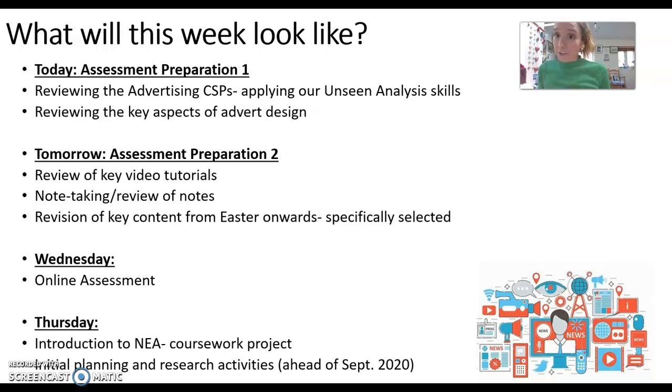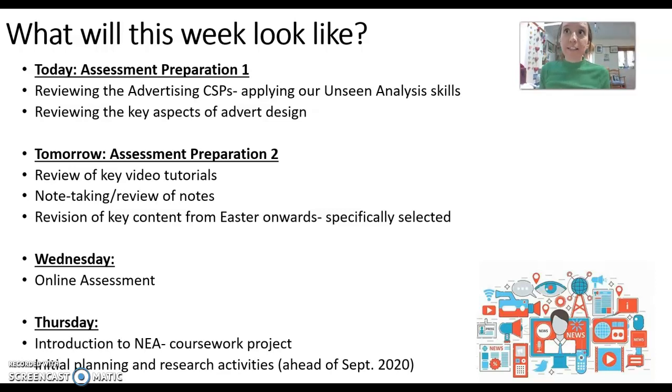Then on Wednesday we have our online assessment, and then on Thursday our final lesson of the year together. I've produced a lesson which is the introduction to the NEA, the non-exam assessment. This is what's commonly known as a coursework project. It's our practical project that we're going to be starting in September. A practical project for media counts for 30% of your grade.